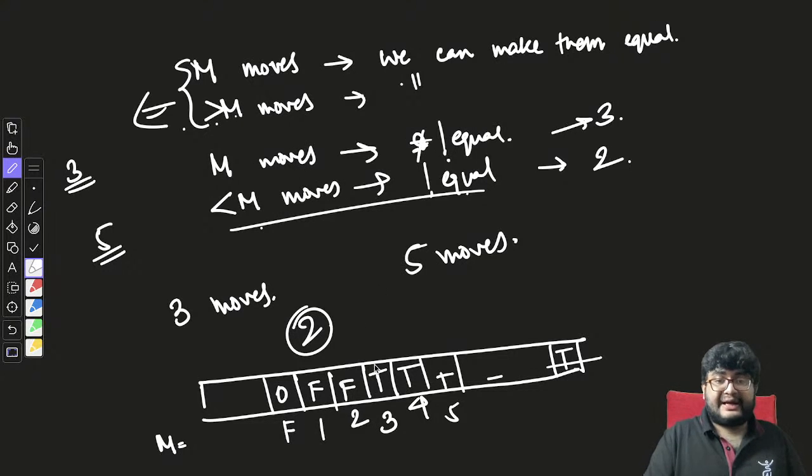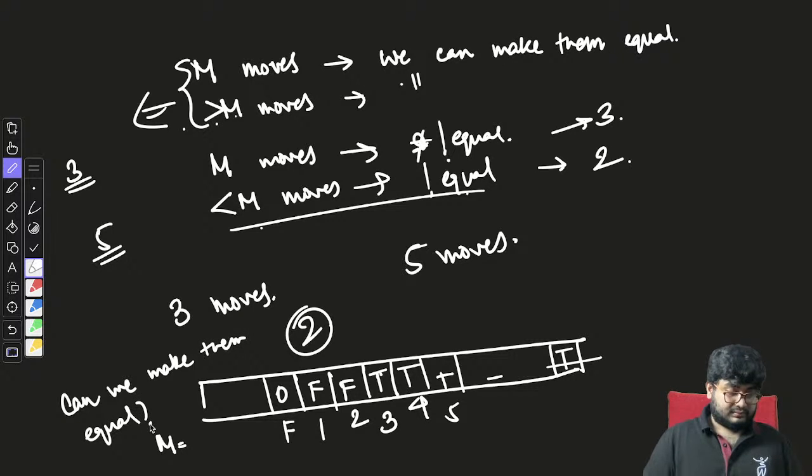Where true and false mean whether we can make them equal or we cannot make them equal. So this will basically answer the question, can we make them equal? Yes, after m always true. So this makes sense, right?